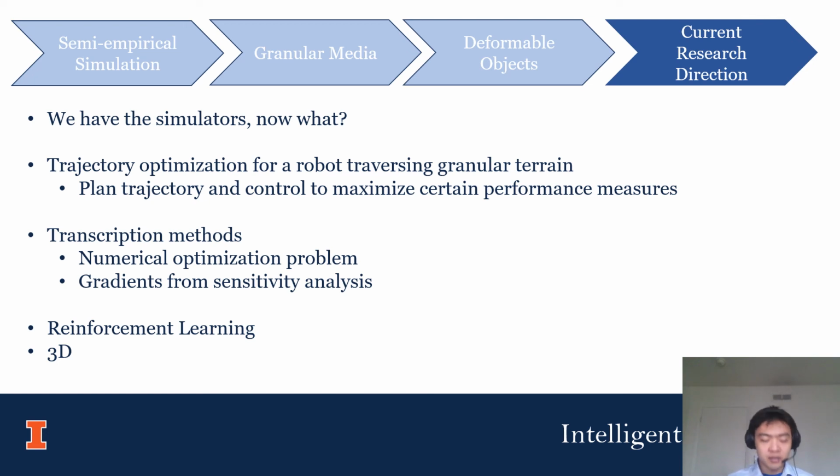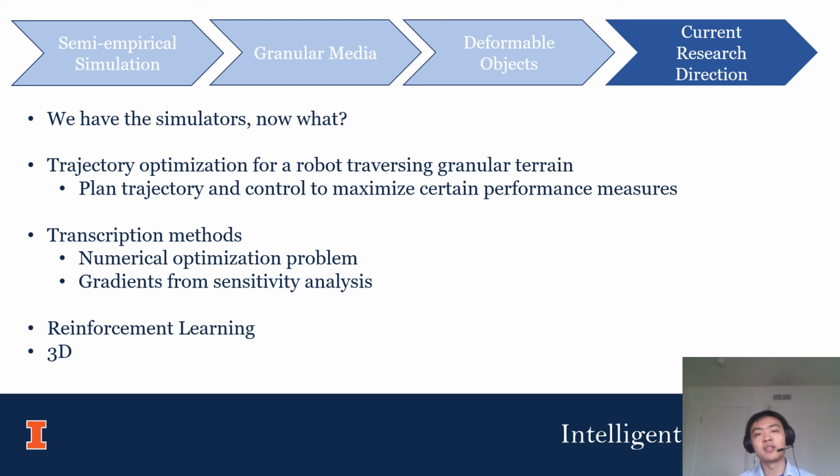So what's next? We have all these simulators. What do we want to do about them? So currently, I'm trying to plan trajectories for a robot traversing granular terrain. So I would want to compute the planned trajectory and control that would maximize some certain performance measures. In the field of trajectory optimization, transcription methods are very popular.